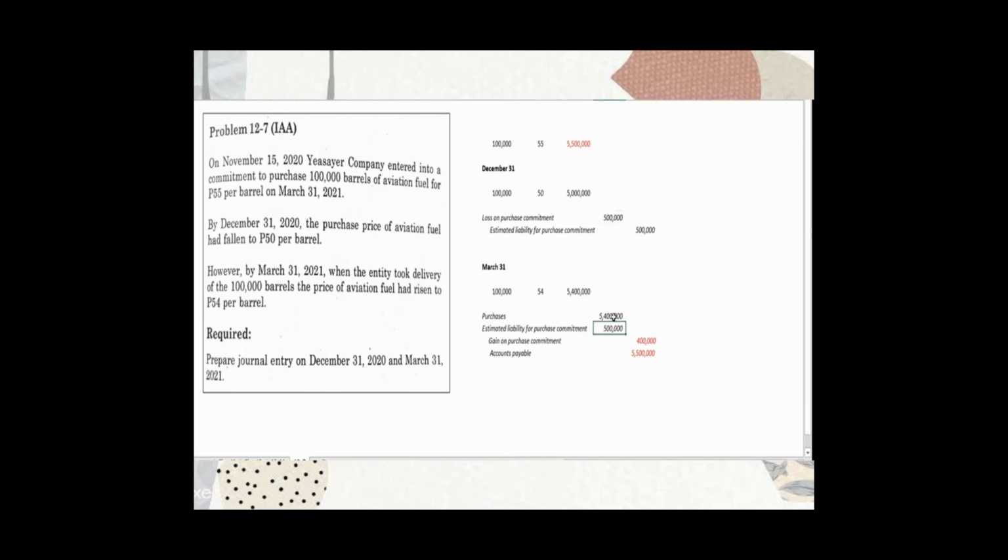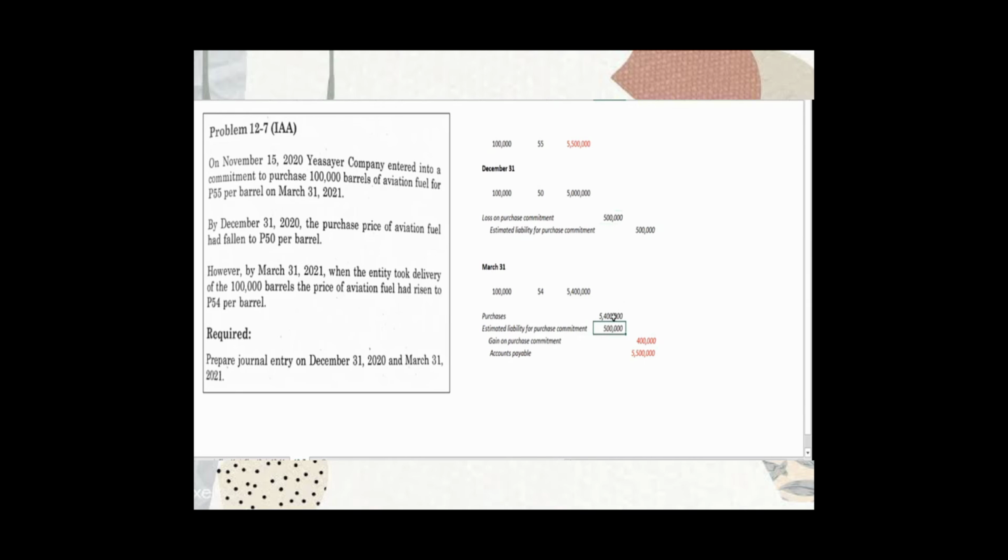On November 15, 2019, Yesayer Company entered into a commitment to purchase 100,000 barrels of aviation fuel for 55 pesos per barrel. On March 31, 2020, so nag-agree sila na magbabayad sila ng 5,500,000. I-times lang ang 100,000 sa 55 per barrel.